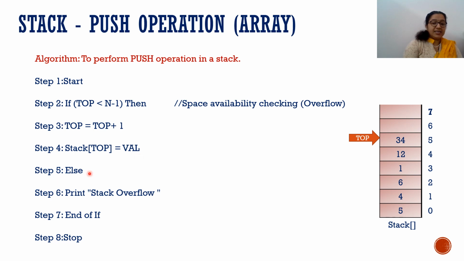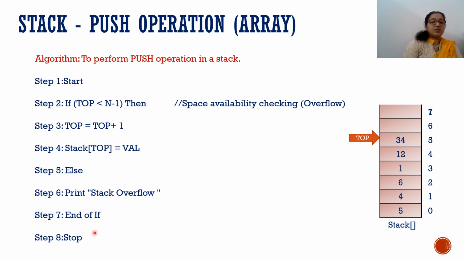Else, that means top is equal to n minus 1, top is on the 7th position. So there is no space there. So we say else stack overflow. Print stack overflow. End of it.